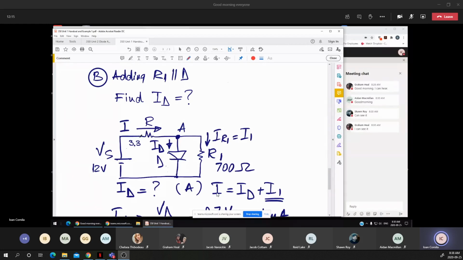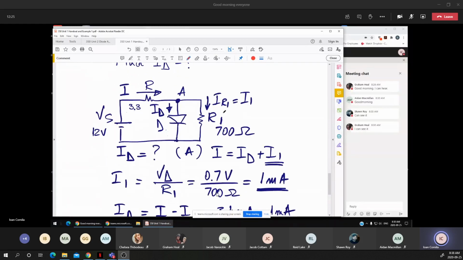Instead of having the resistance R, I may have a group of resistors. Instead of having just a diode, I may have multiple diodes connected in series. And instead of resistance R or R1, I may have a group of resistors that may be connected across a single diode or two diodes or three diodes.